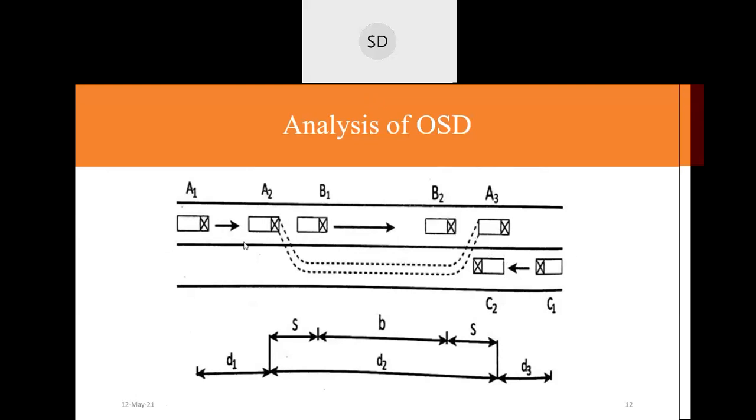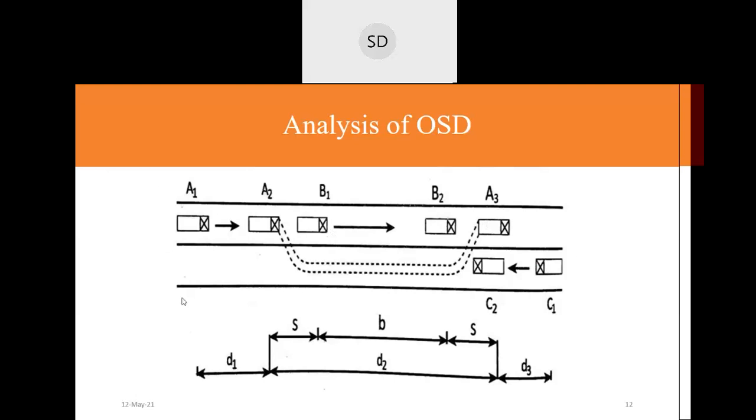In that road, A, B and C are three vehicles. Vehicle B is the overtaken vehicle, vehicle A is the overtaking vehicle, and vehicle C is the vehicle coming from the opposite direction. Now A1, A2, B1, B2, A3, C1, C2, etc. are the different positions of these vehicles in different time frames.